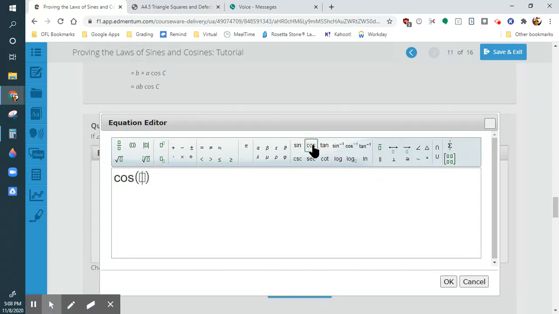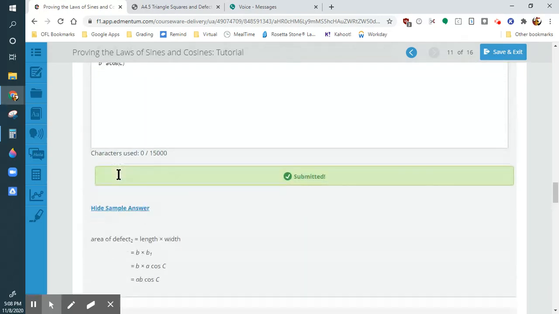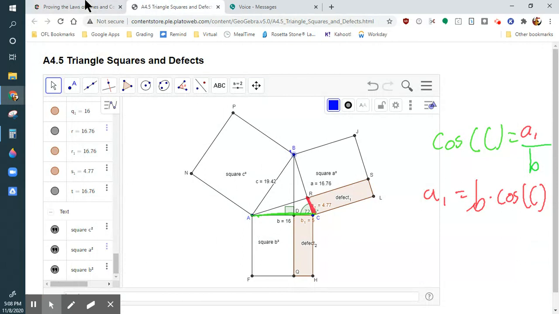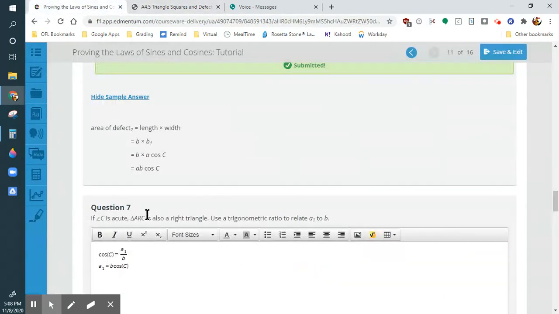I'm actually going to start typing using these because this is getting annoying. Fraction A sub 1 over B, therefore A sub 1 over B equals cosine of C. We're going to multiply that with our B. Okay. I see where they're starting to connect all of these together. Still not a big fan of how they're teaching it, but we will prevail.